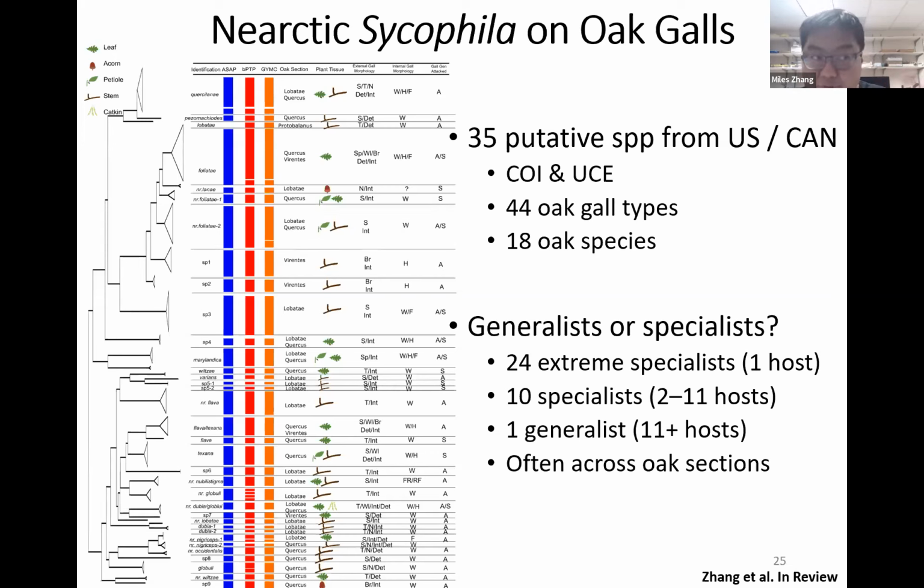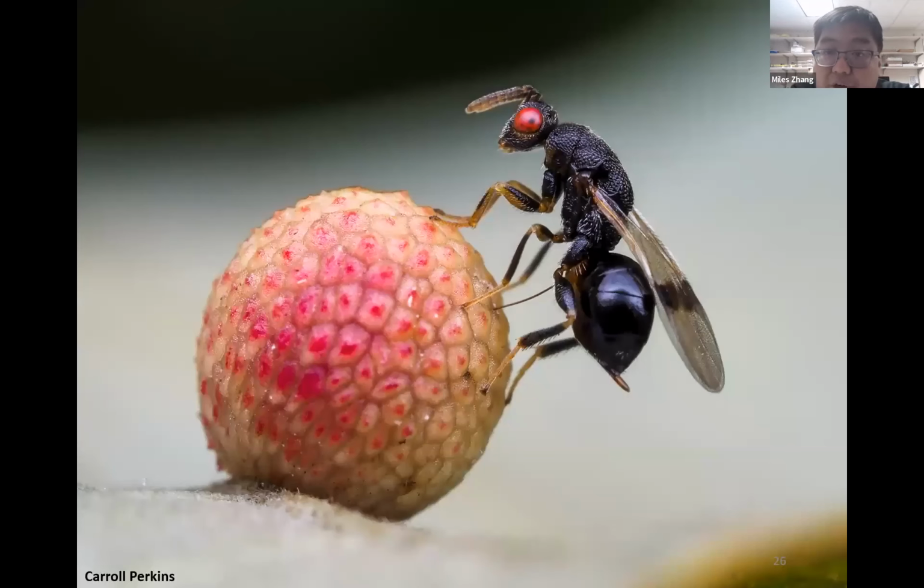So if members of Amphibolips are only found on the red oaks, they're never found on the white oaks, but Sycophila could be attacking galls on red oak, white oak, live oak, whatever. So it's more opportunistic: whenever they come out, whatever's around, they will attack. And here's a picture of one of these Sycophila ovipositing into a gall.